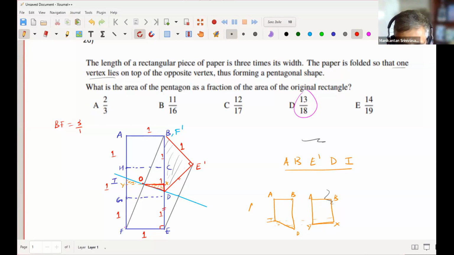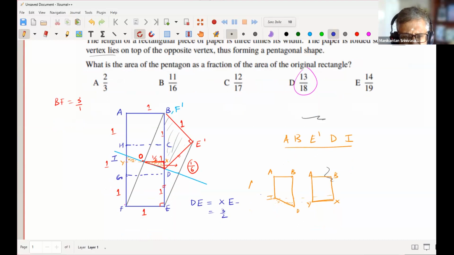So if this portion is half, we know this portion is half. Therefore, this portion XD, the small portion here, should be 1/3 of half, which is 1/6. You guys agree? Okay. And therefore, if anyone did not understand, please stop me sooner than later, please. So DE is nothing but half of the length of the big triangle, which is XC, which we know is 3/2, minus the small portion that we just encountered, which is 1/3 of half, which is 1/6.